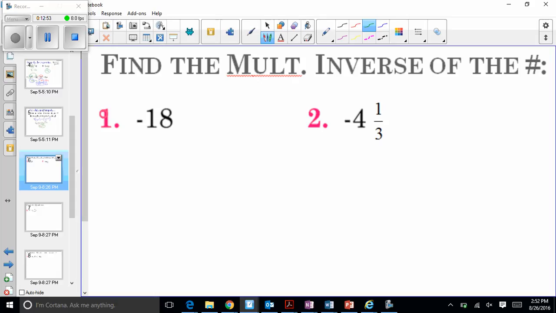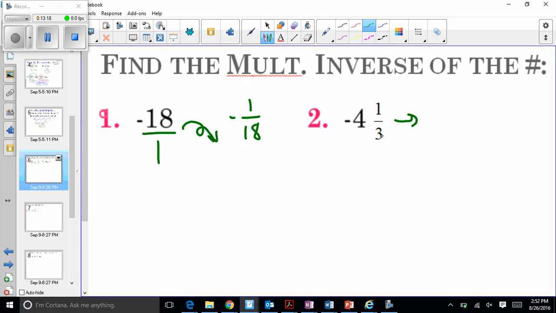In our next slide, this is where it gets a little easier. We've got a negative 18 and a negative 4/3. We want to find the multiplicative inverse. Whenever we want to divide by something, we really multiply times the inverse. Negative 18 over 1, when we flip that and find the inverse, is negative 1 over 18. Here, we have to take an extra step.